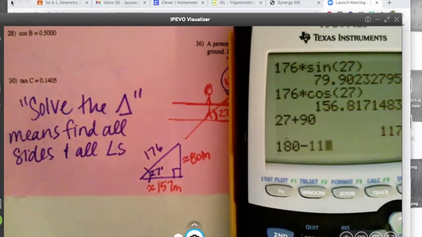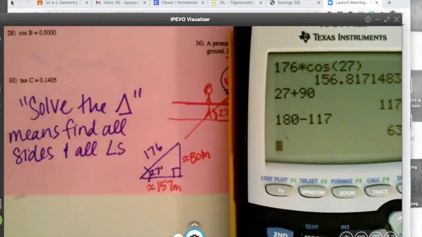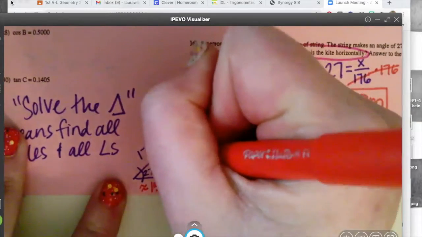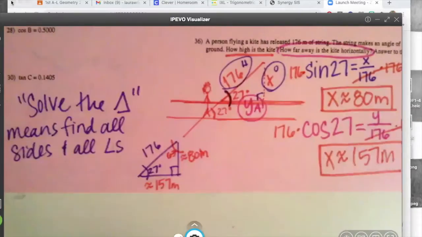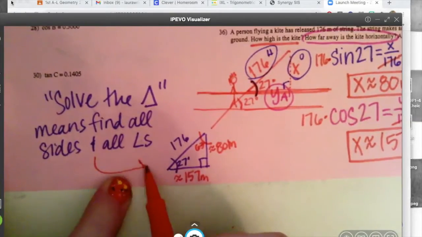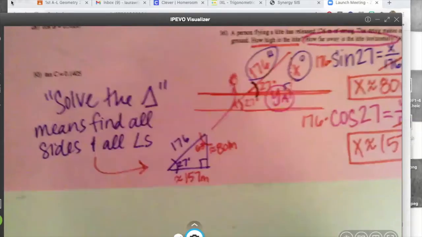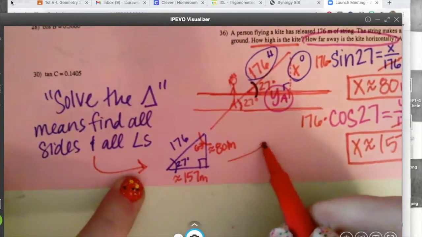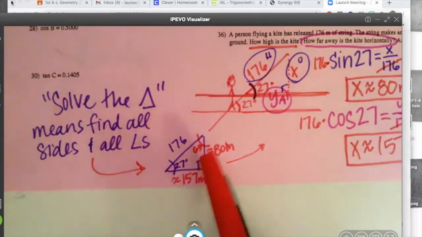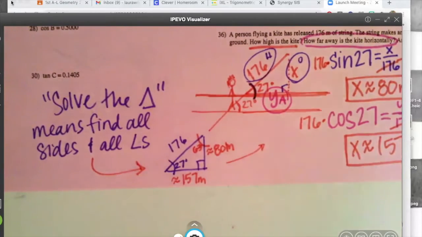Perfect, 180 though. But yes, very good. So we get 63. So that's all we need, 63 degrees. And you have solved the triangle. Okay. So the only thing that we did that was extra was this 63, just for the purpose of you knowing what solve the triangle means.